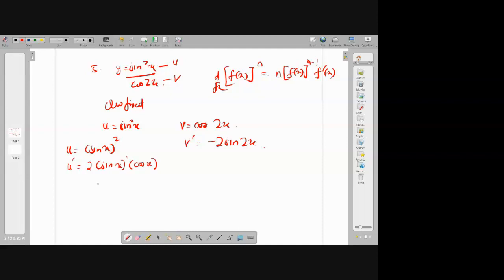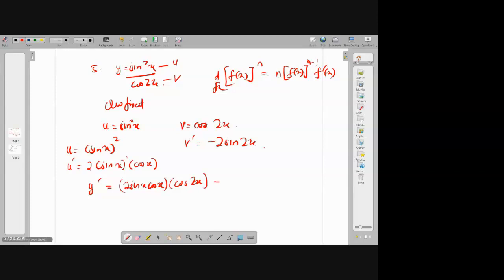Okay, so what's the final answer? y prime. This is u prime. So what is your v? Cosine 2x.